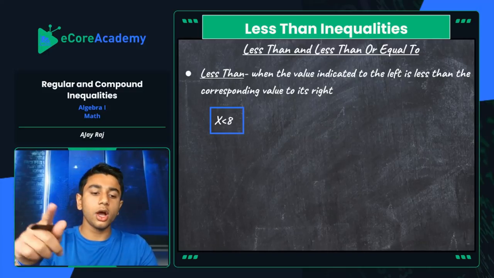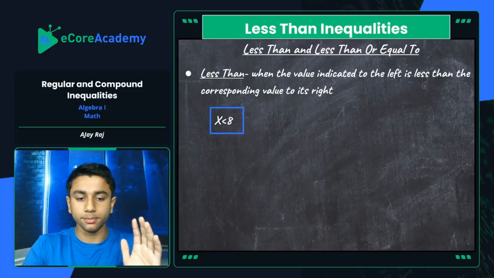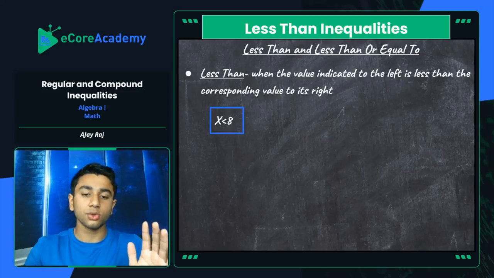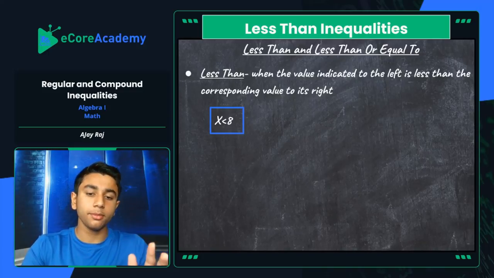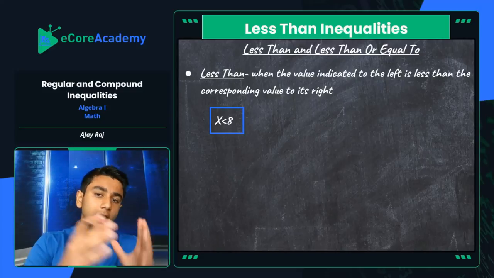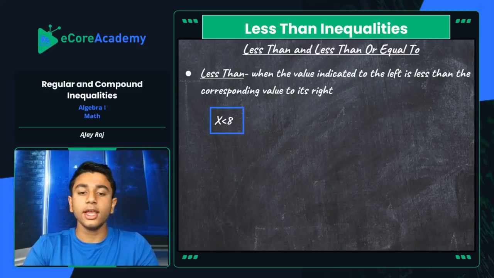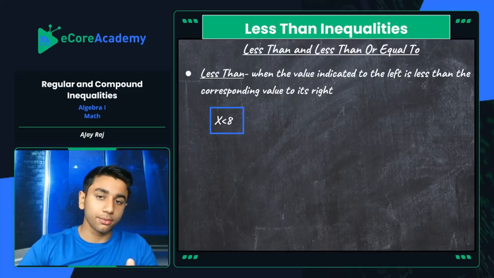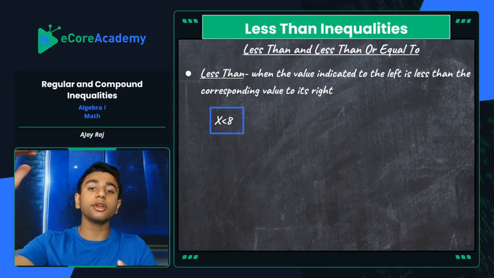You would show that little opening mark, that less than sign, facing away from your left-hand value, your x, and towards the right-hand side. Whenever it's facing away from your variable of focus, that means it's less than. And it's always in relation to the variable or the integer on the left-hand side. So x is less than 8. It can be anything from 7 on downwards, and it cannot be equal to 8 in terms of integers, but it's everything below 8.